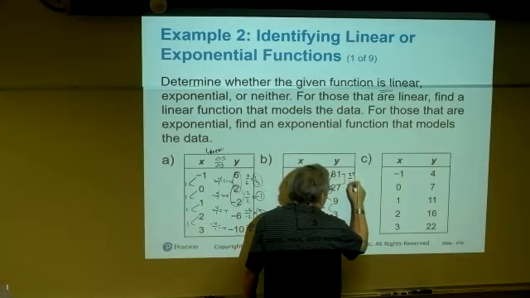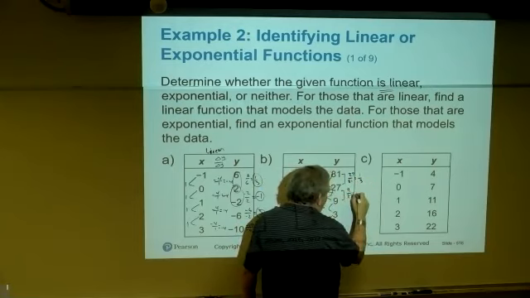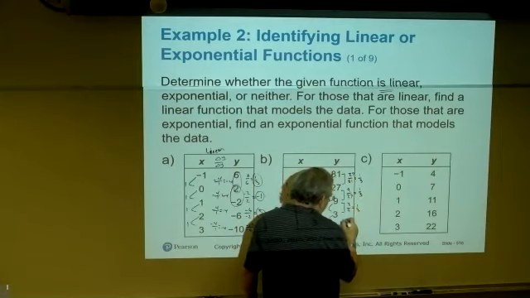So 27 over 81, which reduces to 1/3. And then 9 over 27, which reduces to 1/3. Looking good. And then 3 over 9, which reduces to 1/3. And this one is 1/3.